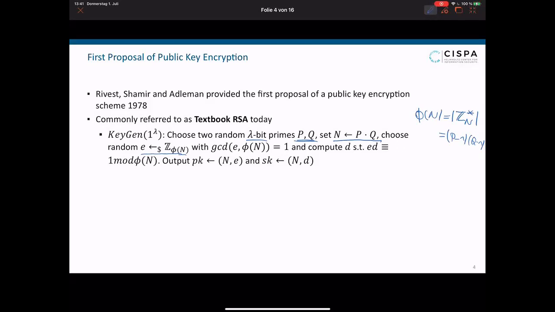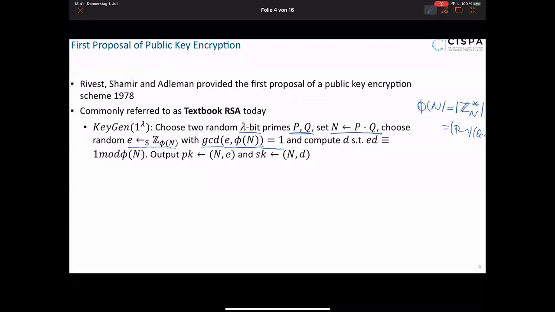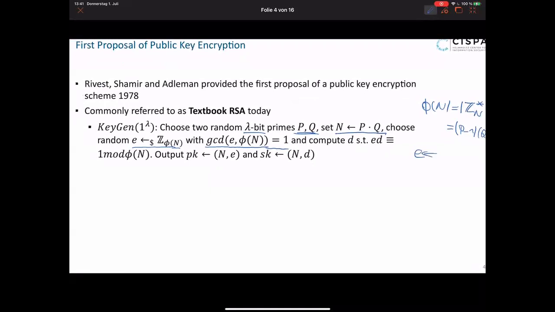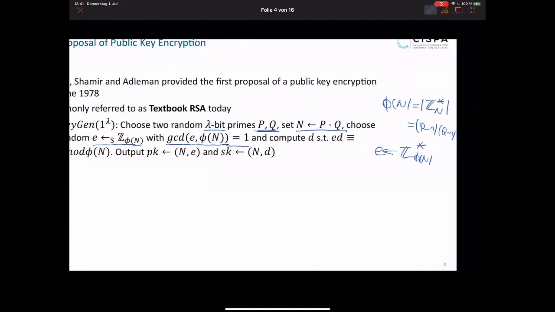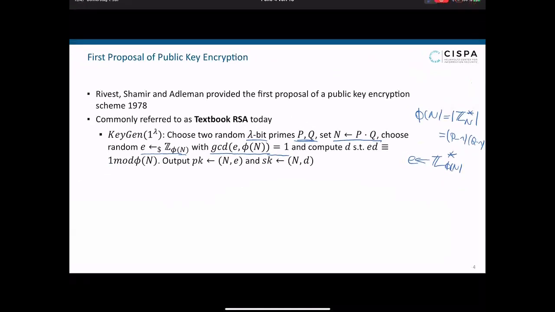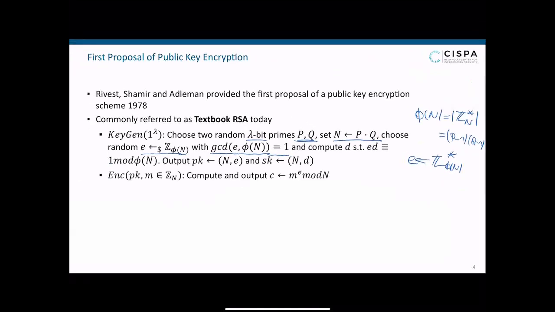We choose such a random e in Z phi of n with GCD(e, phi of n) equals 1. Basically that means we choose e from Z phi of n star. And we also compute this d such that e times d is congruent to 1 modulo phi of n.